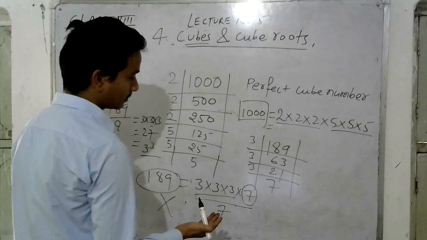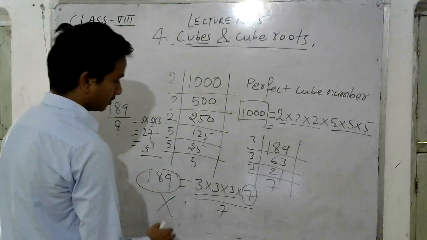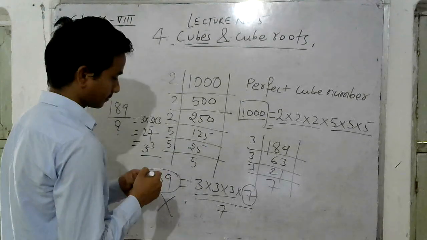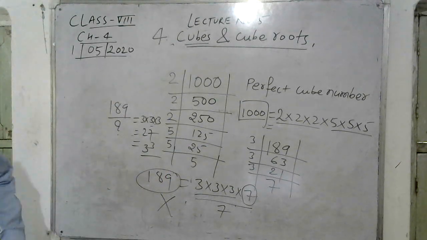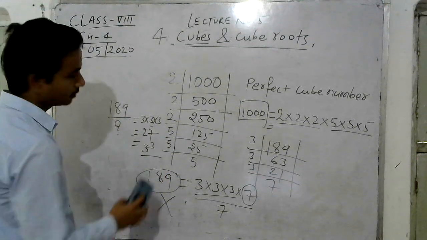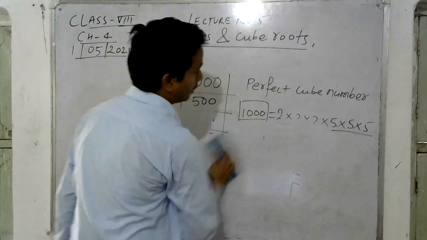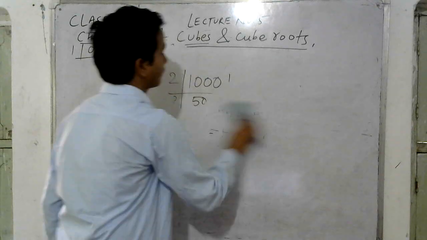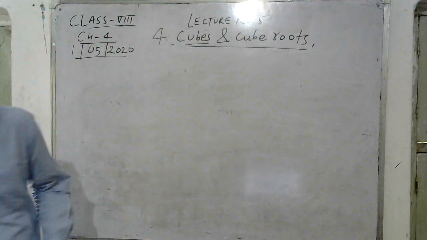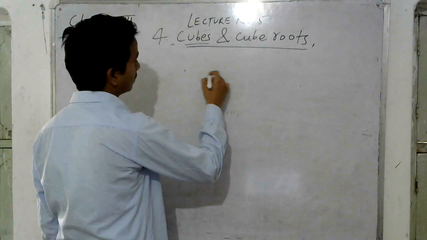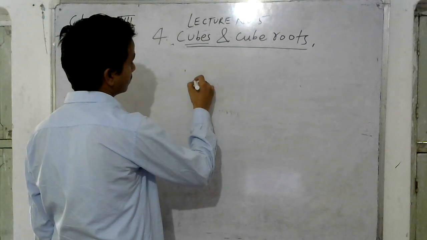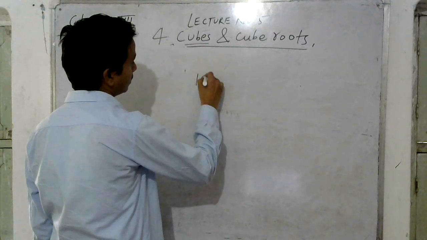Another type of question can be asked. In this same question, let us take another example. You can pause the video, make a note of it. Now let us take another example. Suppose 189.